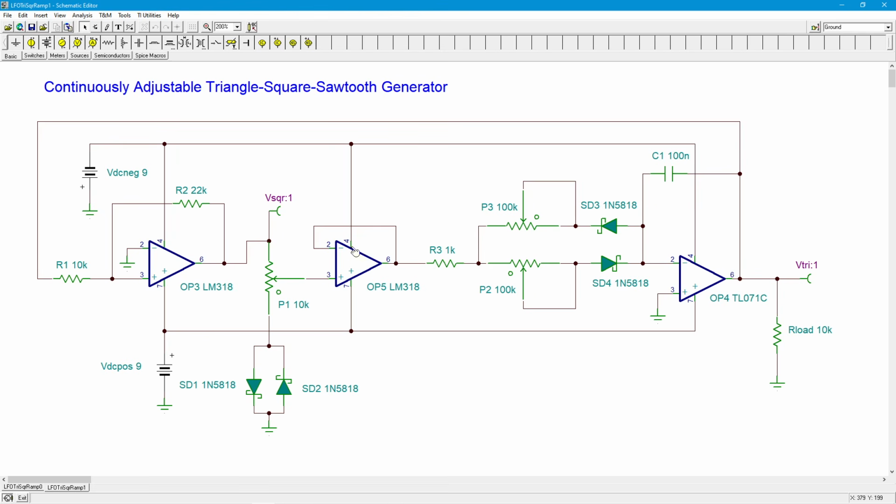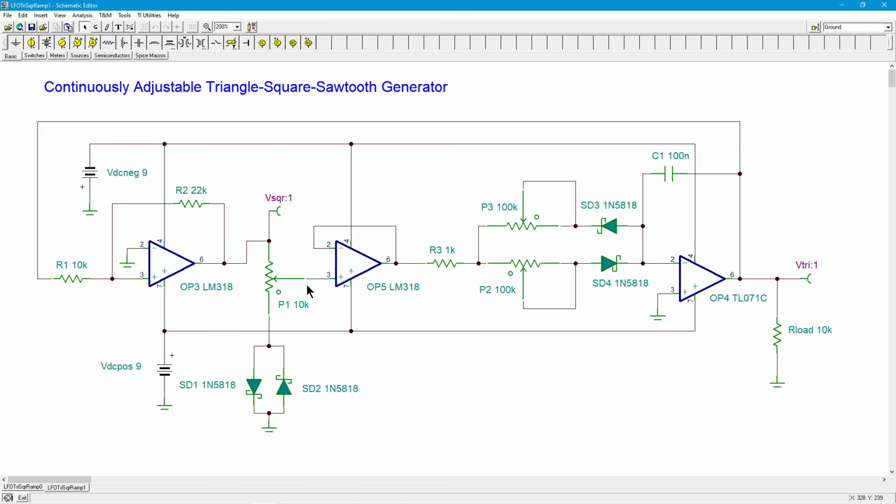Why is there an op amp here? Why is there a buffer here? Because depending on where this pot over here is set, the size of this resistor and the size of the pot, there's an interaction. So let's say you crank this to an extreme so that one of these is shorted and the other is at 100K. So when this is at 0, then you only have 1K total.